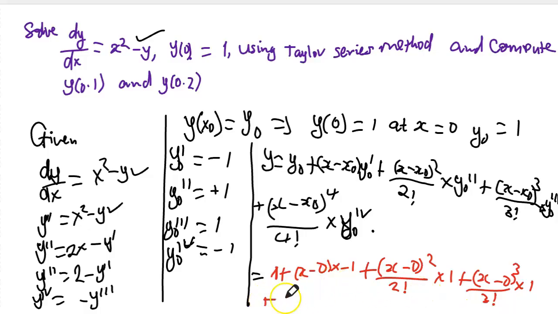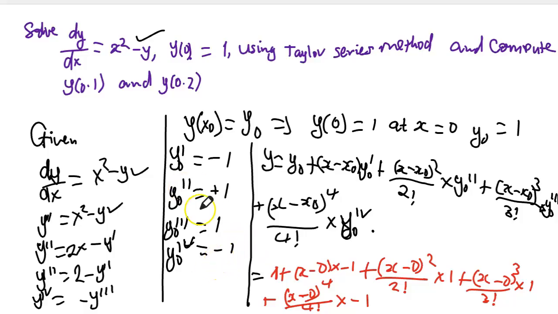Then we have the last one, which is x minus 0 to the power 4, divided by 4 factorial, multiplied by -1, which is what we got.